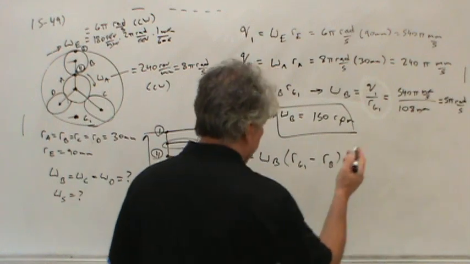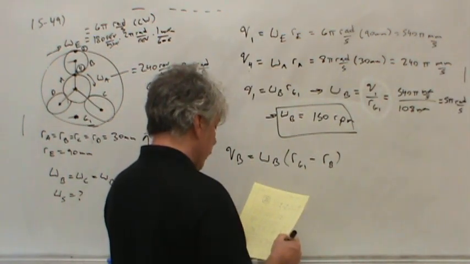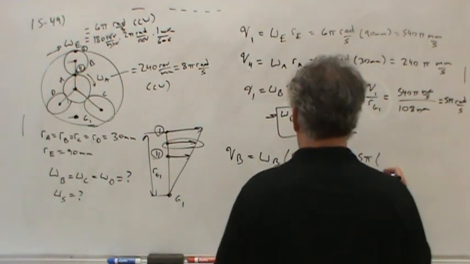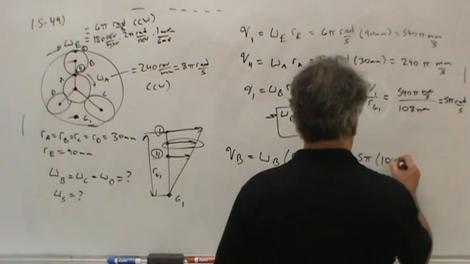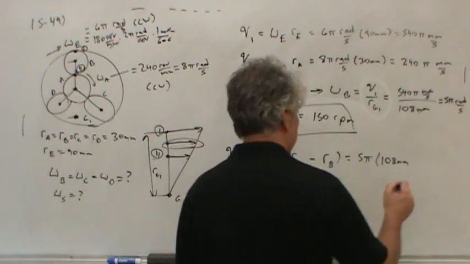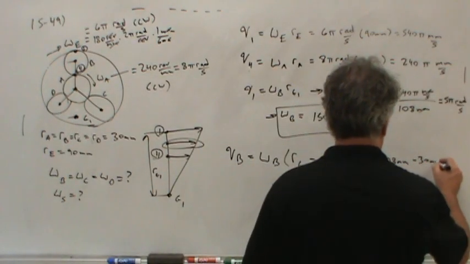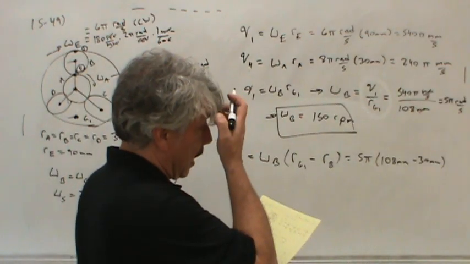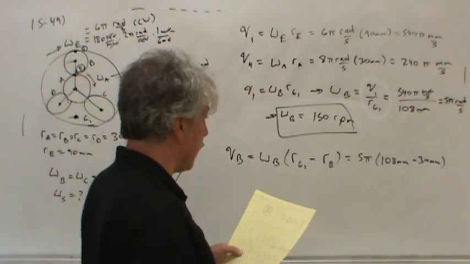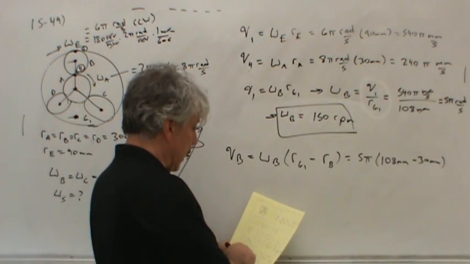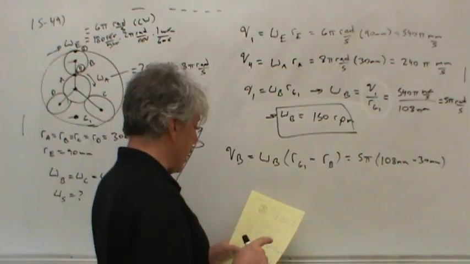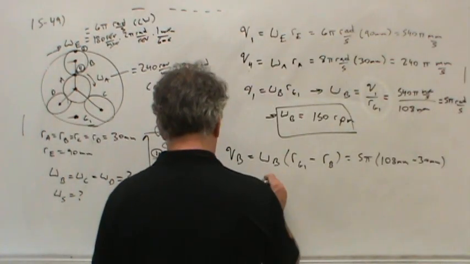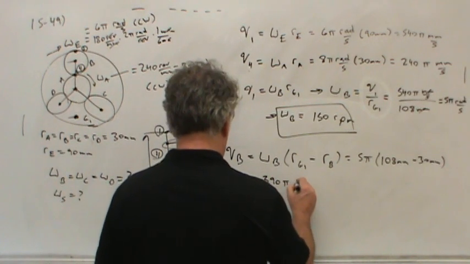So minus the radius of B. And that would be 5 pi times RG1, which was 108 millimeters, although I've got 54 here, minus 30 millimeters for RB. And that's different enough. If we pull a factor of 2 in there, actually this will work out. My mistakes canceled out. And I believe this will come out to a velocity of 390 pi millimeters per second.